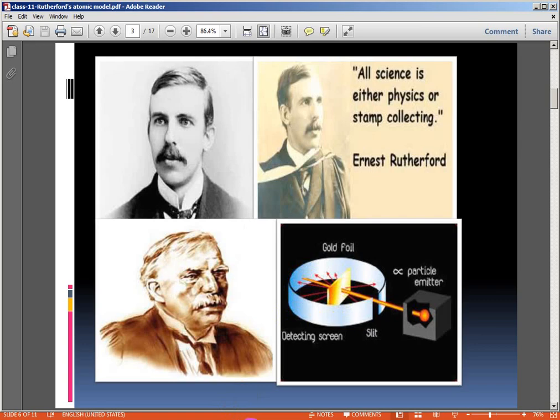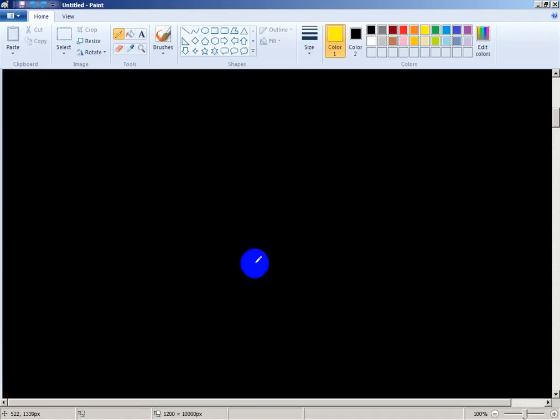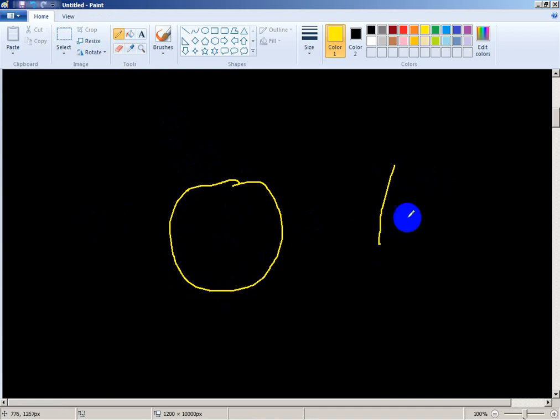Okay, I am showing the alpha particle experiment like this. This is the gold foil. This is a screen made of zinc sulfide.